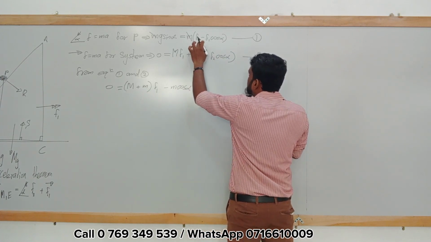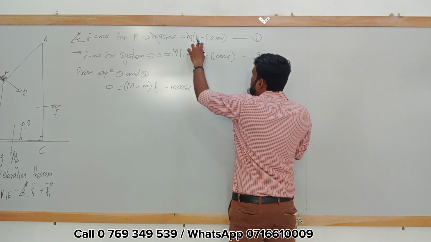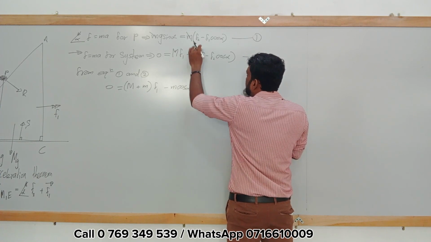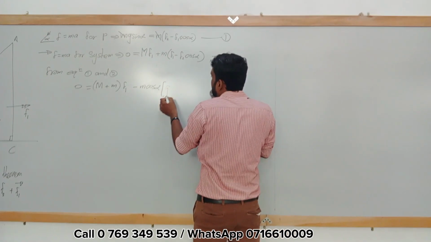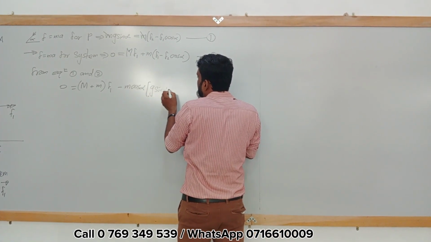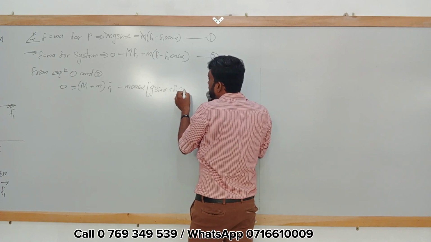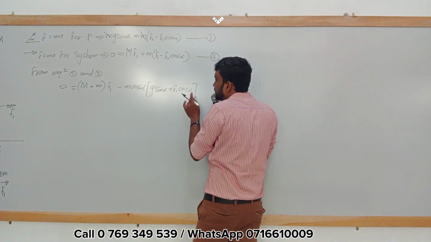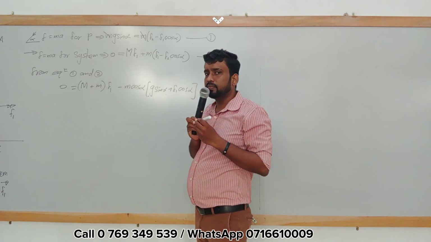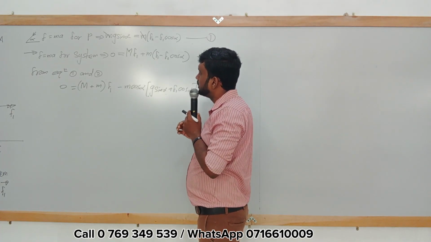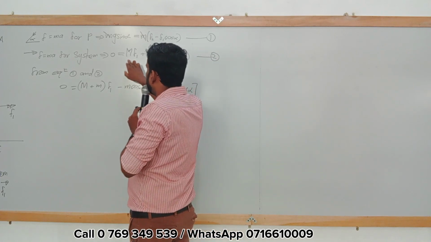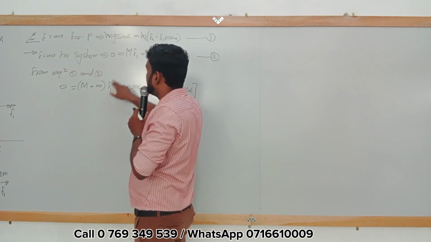F2 comes from here, right? What is that F2? F2 means g sin alpha plus F1 cos alpha. Again, capital M plus simple m, F1 here.